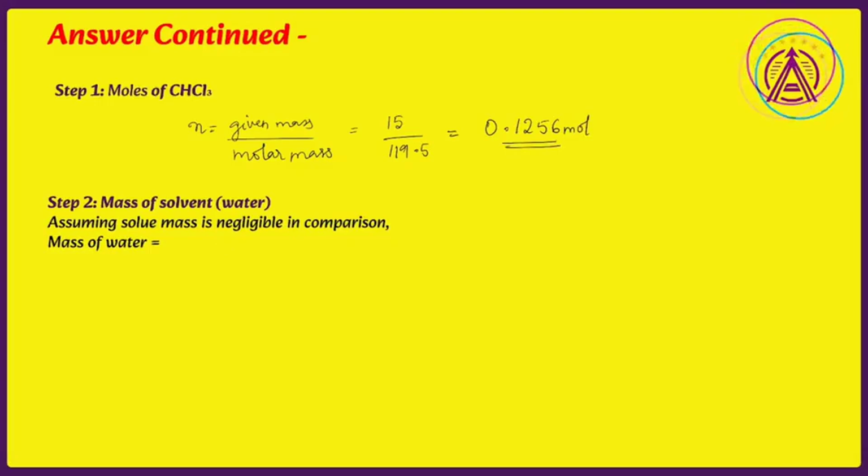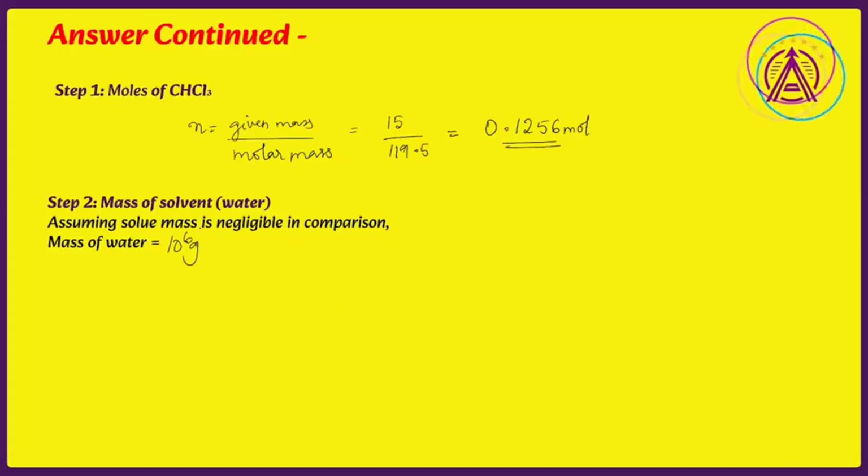Okay. Now, how do you find mass of the solvent? Assuming solute mass is negligible in comparison, mass of water is nothing but 10 power 6 grams that we have. Okay, since our solute is very negligible, we are not adding it. It's like, you add one crystal of salt in a glass of water. It will not make any difference to the mass of water. Okay.